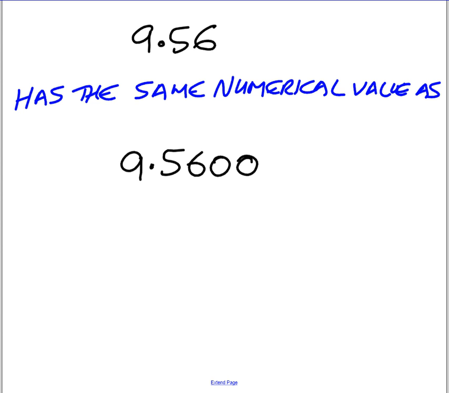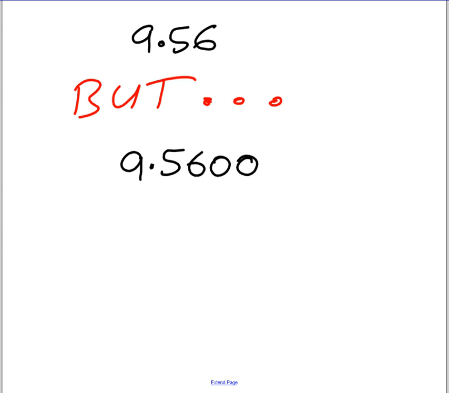Because they think, well, 9.56 is actually the same numerically as 9.5600. You're actually quite correct. They are the same numerically. If you were to weigh something, they would be the same. But that wasn't the question here.